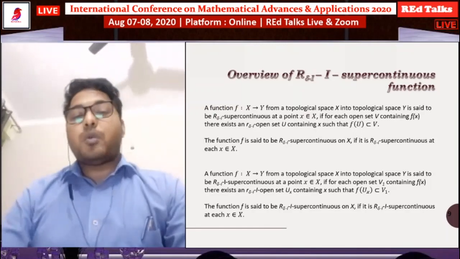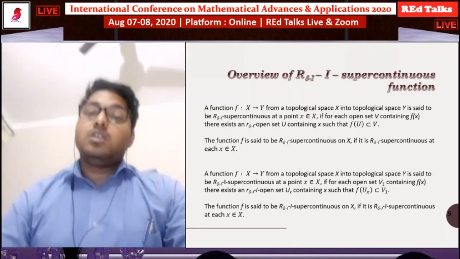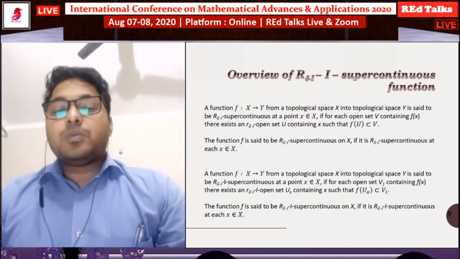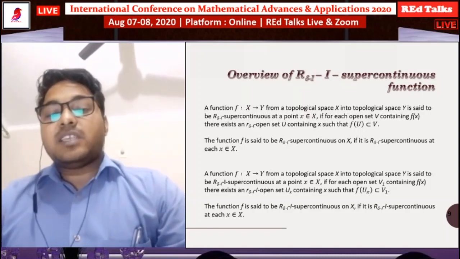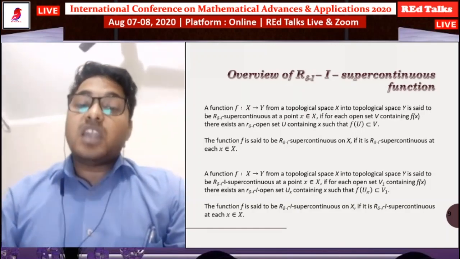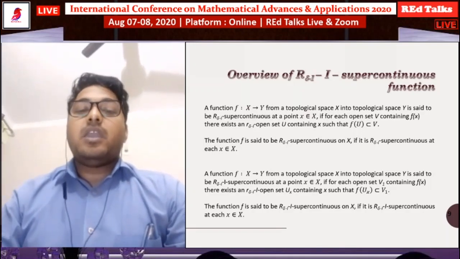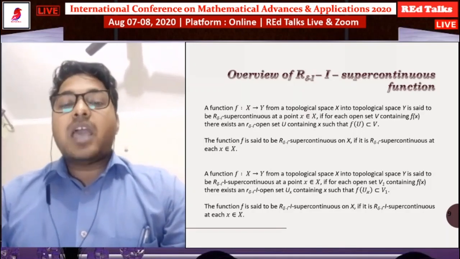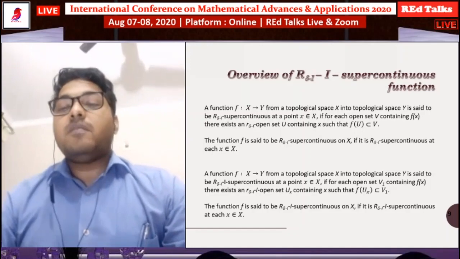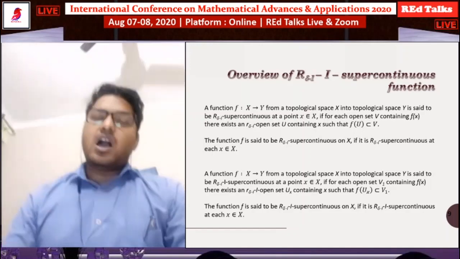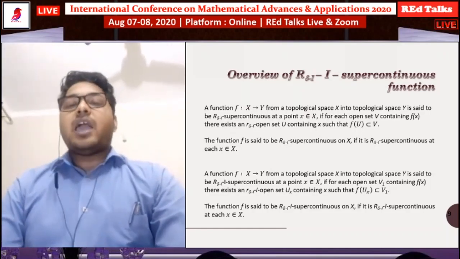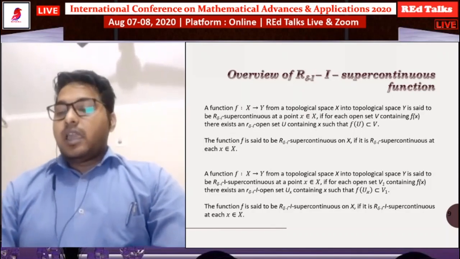A function f from a topological space X to a topological space Y is said to be Rδ_I supercontinuous at a point x in X if for each open set V containing f(x) there exists an Rδ_I open set U such that f(U) is contained in V. The function f is said to be Rδ_I supercontinuous on X if it is Rδ_I supercontinuous at each x in X.